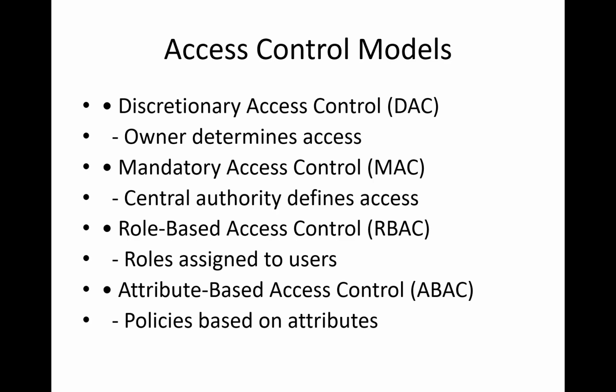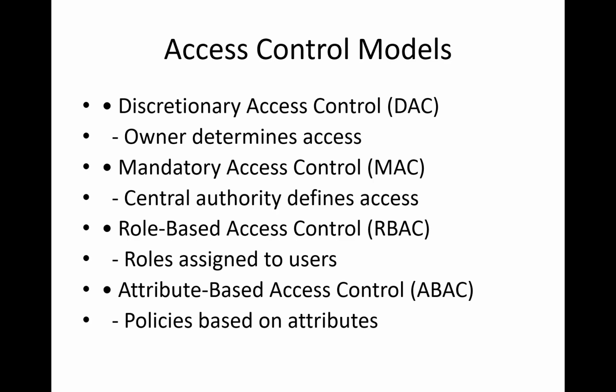Let's talk access control models. These define how permissions are granted. DAC, or discretionary access control, gives the data owner control over who accesses their resources. MAC, or mandatory access control, uses a central authority. You'll find this in government or military settings where access labels like top secret come into play.